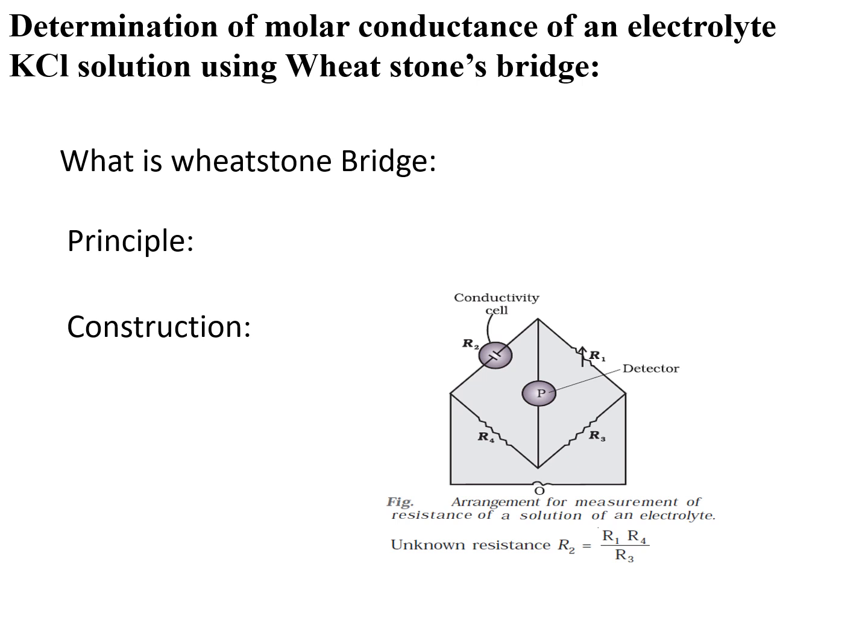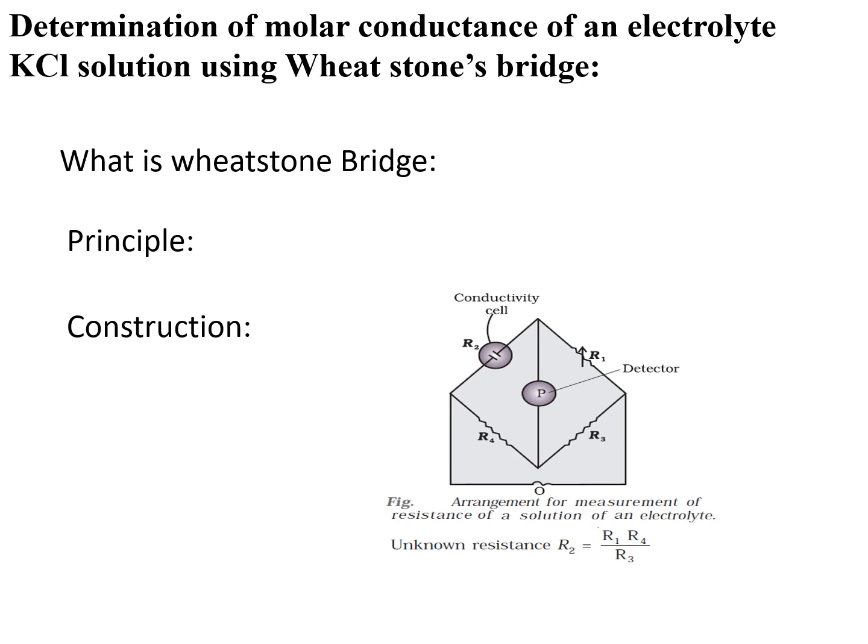Then, what is Wheatstone bridge? As I told you, it is a resistance bridge used to determine unknown resistance of the electrolyte solution. It is composed of two known resistors, one unknown resistor where we have taken potassium chloride solution in a conductivity cell and one variable resistor connected in the form of a bridge.